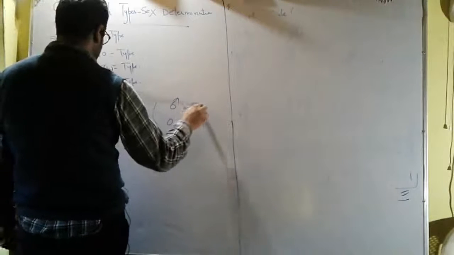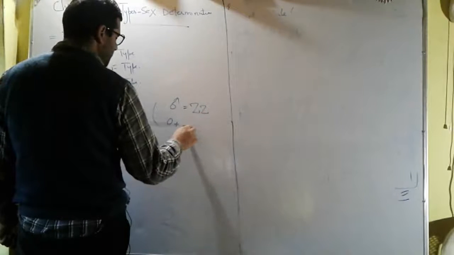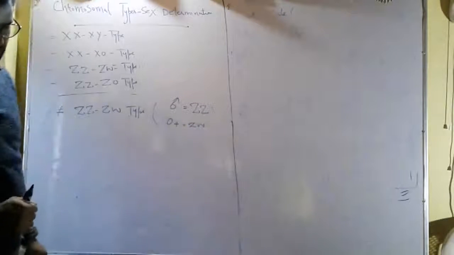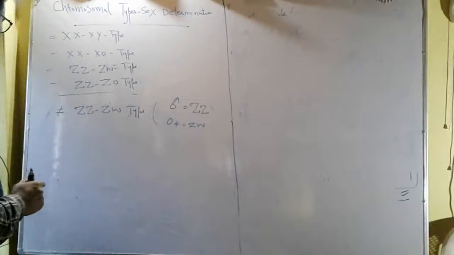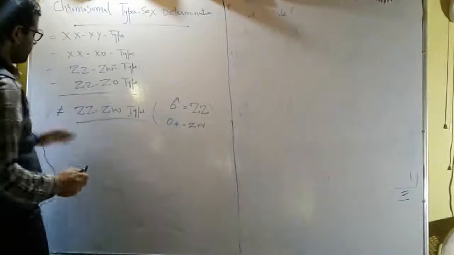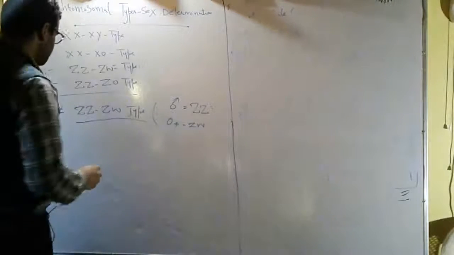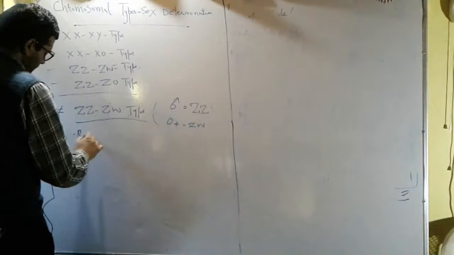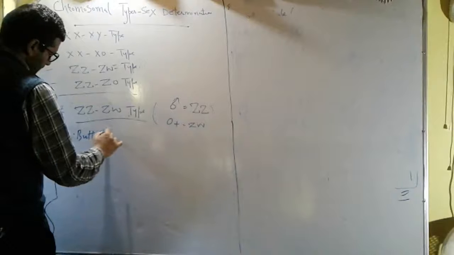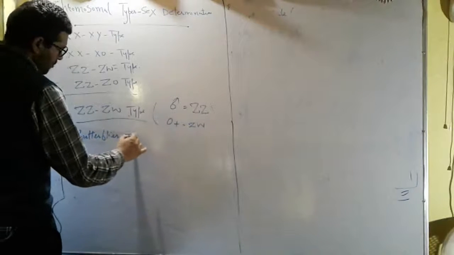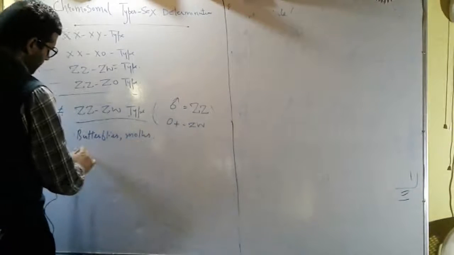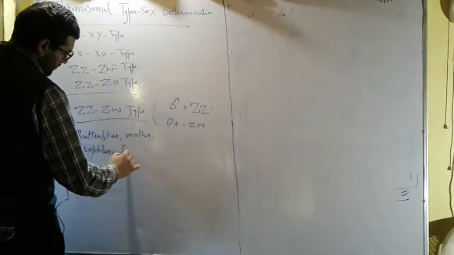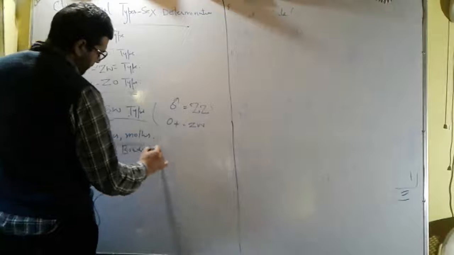Males are ZZ and females are ZW. It is found in some insects like butterflies, some moths, and also in reptiles, birds, and fishes.